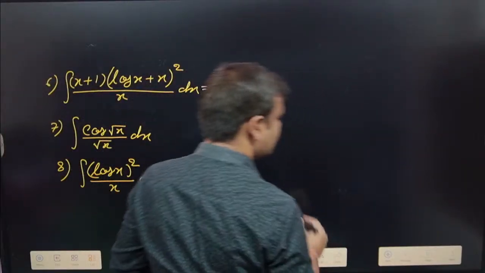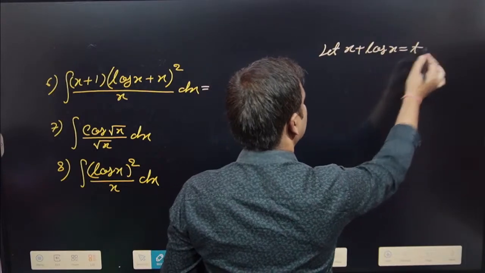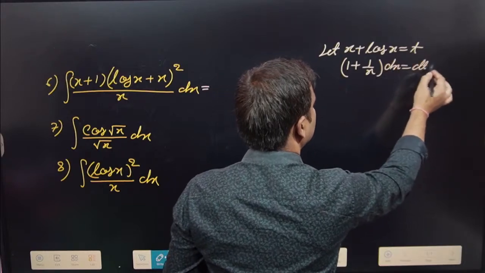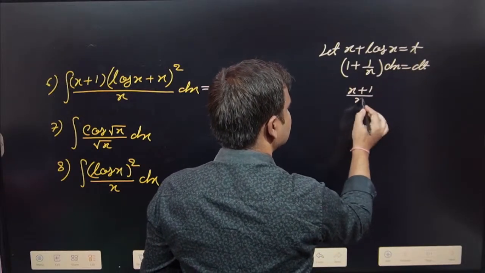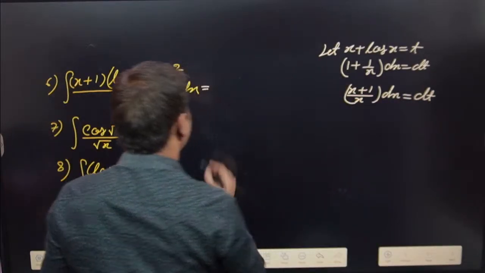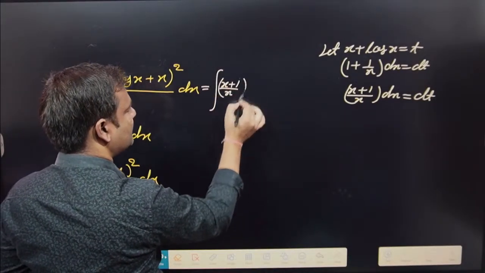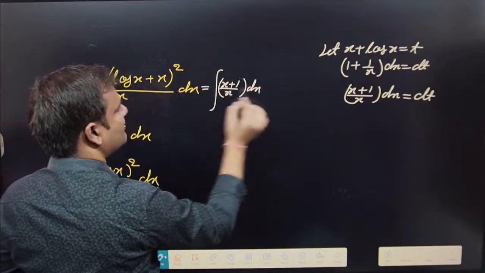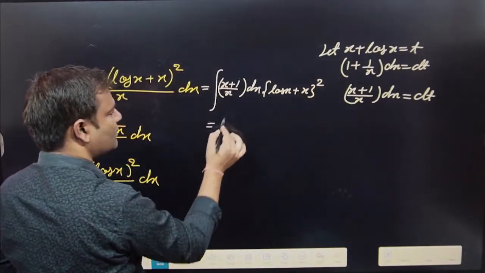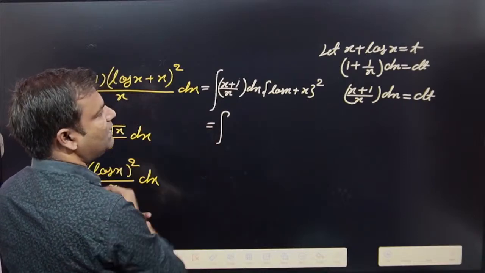Let x plus log x be t, then 1 plus 1 by x dx will equal dt. So x plus 1 upon x into dx is replaced by dt, and here log x plus x to the whole square is t square.